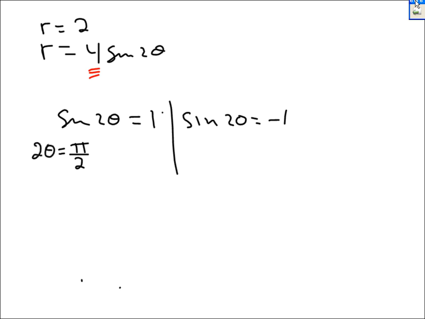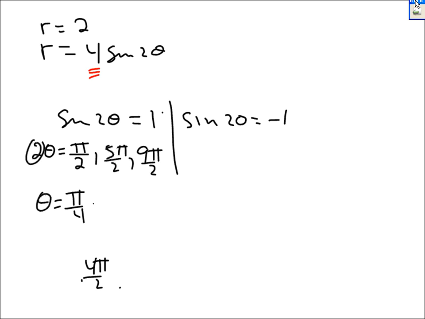Okay, 2 pi over, now you can add 2 pi. That is, you can add 4 pi over 2. 4 pi over 2 is 2 pi. So you get 5 pi over 2, 9 pi over 2. Divide by 2. So theta is pi over 4, 5 pi over 4, and then 9 pi over 4. The 9 pi over 4 is more than 2 pi. I don't want more than 2 pi.